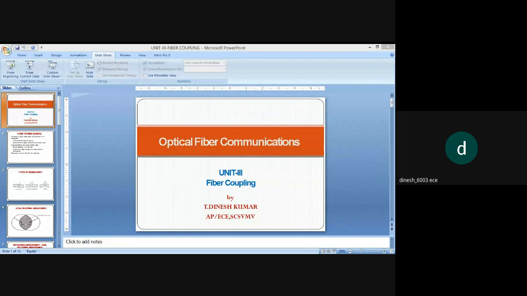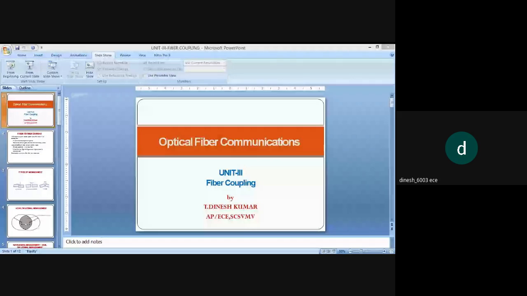Let us see the axial misalignment or the lateral misalignment. Here we have the core radius of optical fiber 2. Due to this mismatching or misalignment, the light transmitted by the fiber will get lost into this white area.